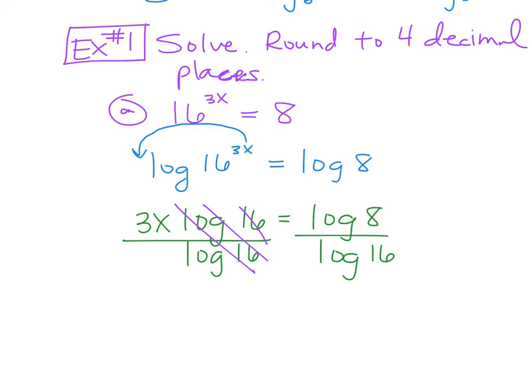Okay, so some of you are probably getting 0.75, and some of you might be getting 0.82. If you're getting 0.82, you're not putting parentheses in where you need to. You have to make sure that you finish off this parenthesis, because what you should be getting right now is that 3x equals 0.75. Okay?